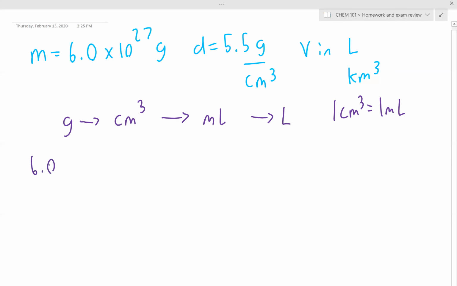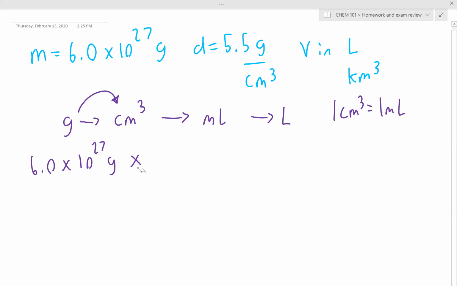With all of this information established in my solution map, all I need to do is write out my answer. So I have 6.0 times 10 to the 27th grams. Now, if I want to go from grams to centimeters cubed, what units need to be on top? Centimeters cubed.